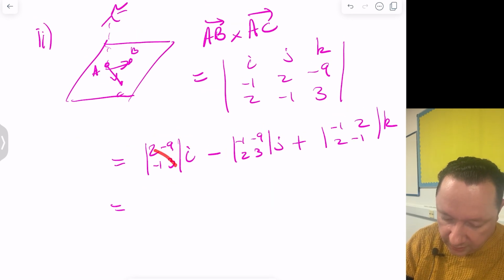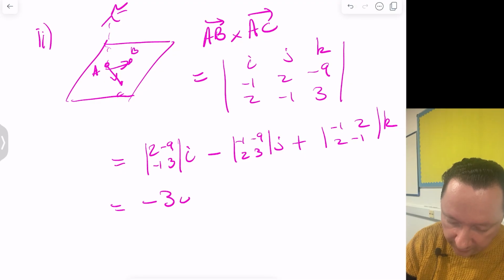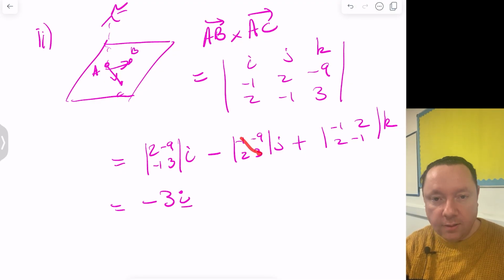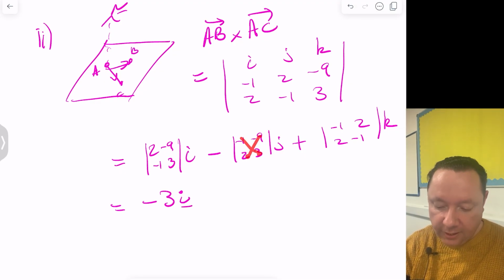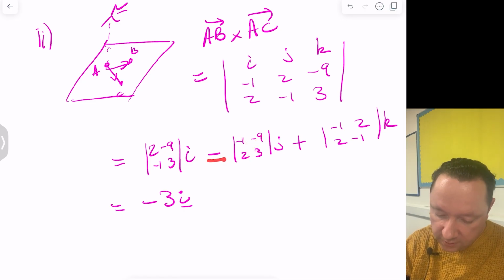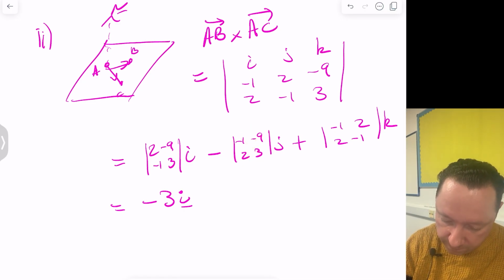Our 2D determinants. 2 times 3 is 6, minus 1 times minus 9 is 9, so 6 minus 9 is minus 3, i. Minus 3, minus is plus 18, 18 minus 3 is 15, so it's minus 15j.